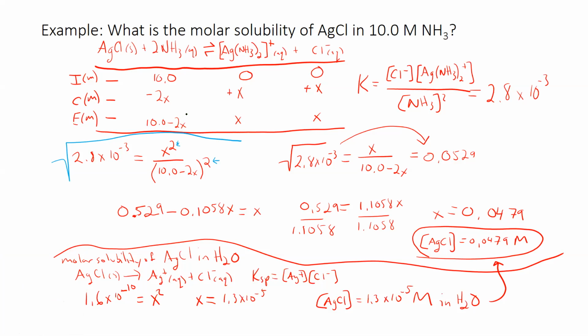So when you say minus 2x, in this case, it's not a big deal, but in some cases it might be, depending upon the scenario, right? So this would be, what would it be? Almost 0.1, so 0.0958.